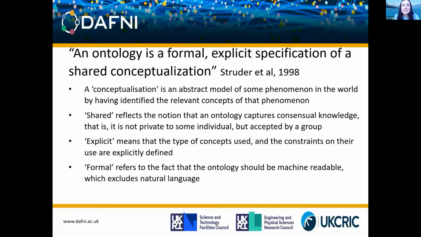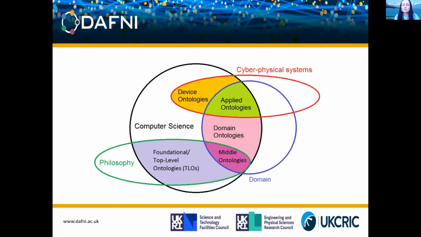So basically, it excludes natural language processing and really refers to rules and axioms that we can then implement into an electronic digital environment. So this ontology is, if you like, a formal description, a way of describing something that's in the real world to some degree of interest.